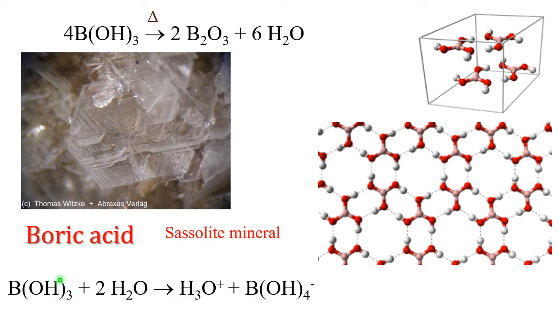It takes one more water molecule to make the tetrahydroxoborate ion, and of course a proton sitting on a water molecule. Even with this process, it is very weak, and the pH of its solution never exceeds 5.